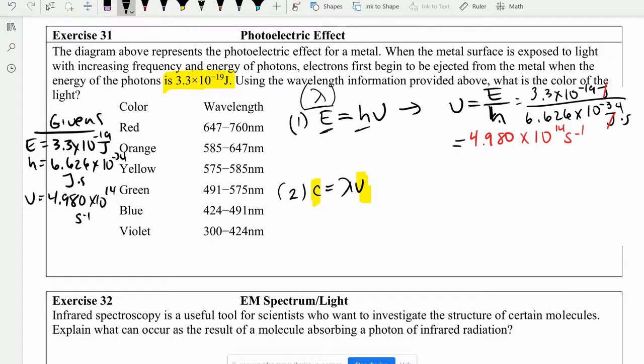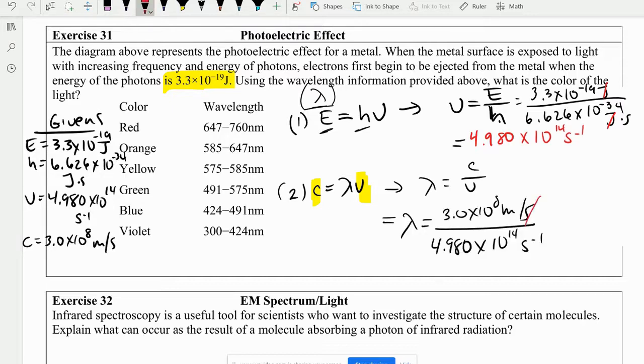Now we can simply rearrange this equation to solve for wavelength. And so bring frequency to the other side. By the way, I'm going to continue to build on my list of givens. I know c. I know what the speed of light is. 3.0 times 10 to the 8 meters per second. So again, let's just do some plug and chug. Seconds cancel.